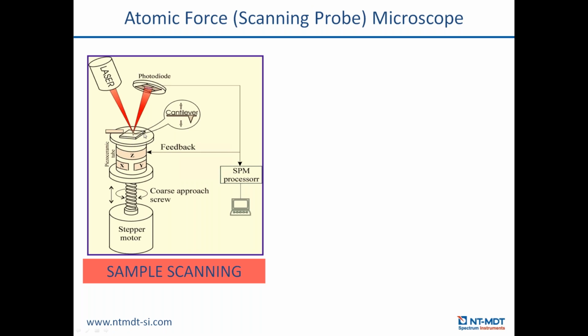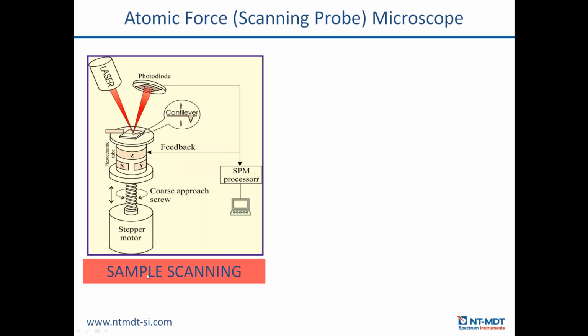The sample is fixed on the precision XYZ positioner, which is brought closer to the tip with a stepper motor or with some other system, and thus the tip starts to touch the sample, and we can record different properties localized by the tip.